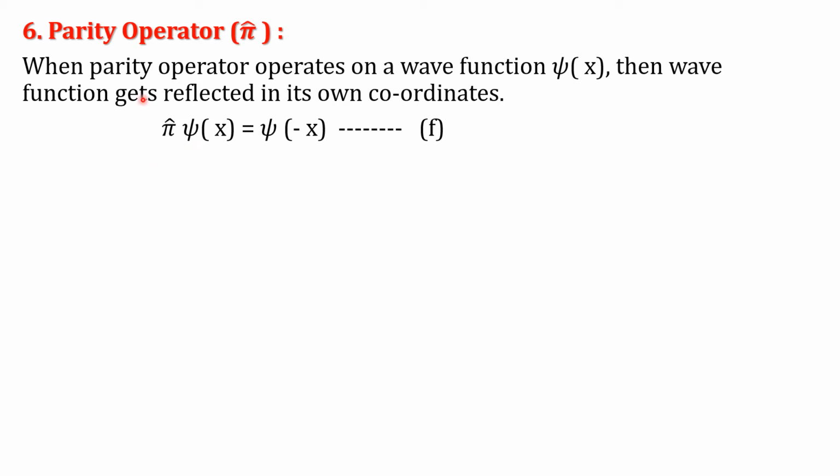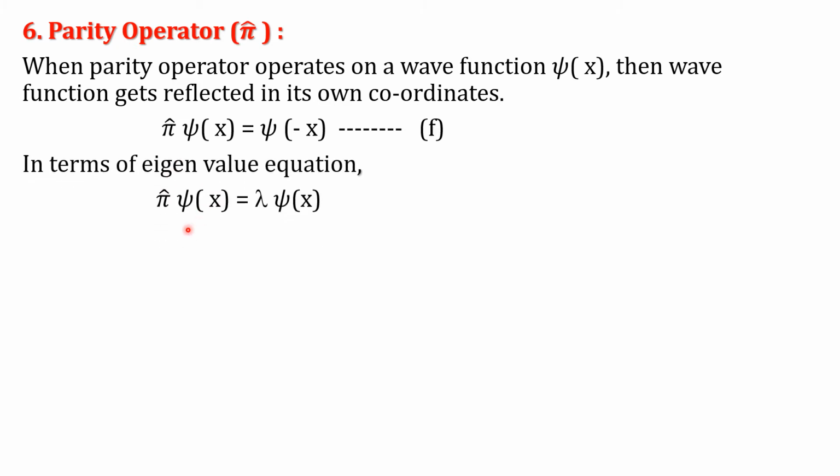For that purpose, the same equation for the parity operator we express in terms of the general eigenvalue equation. That equation is the parity operator pi hat psi of x equal to lambda psi of x, where lambda is an eigenvalue of this operator and psi of x is an eigenfunction.